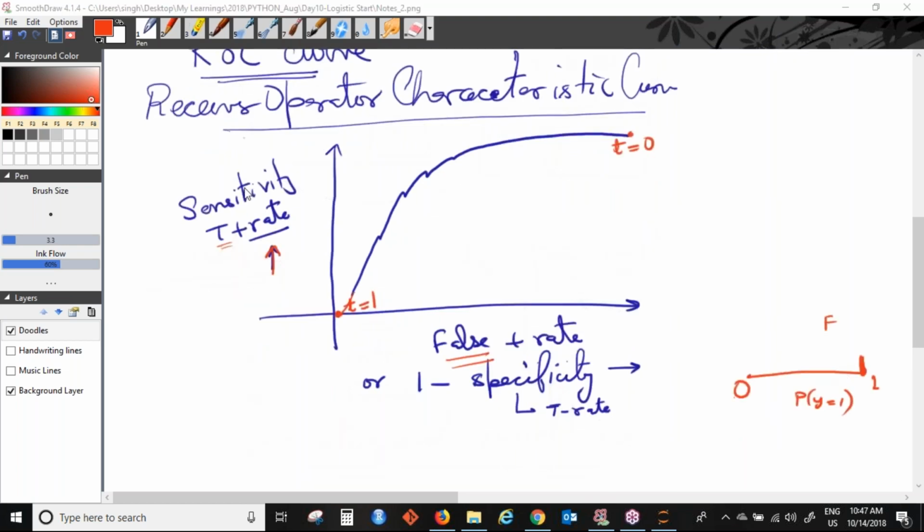Remember, when the probability of y is greater than threshold, we say it's a 1, right? So if your threshold itself is 1, how many ones will you predict?